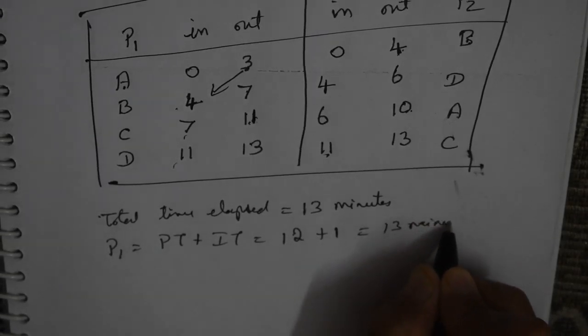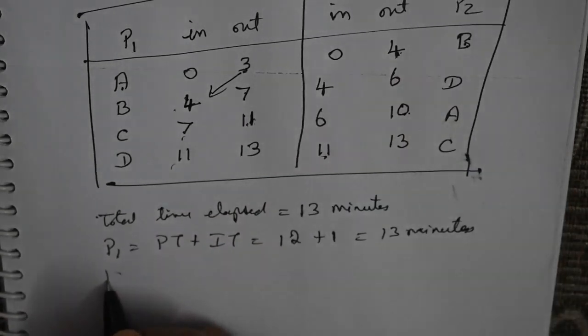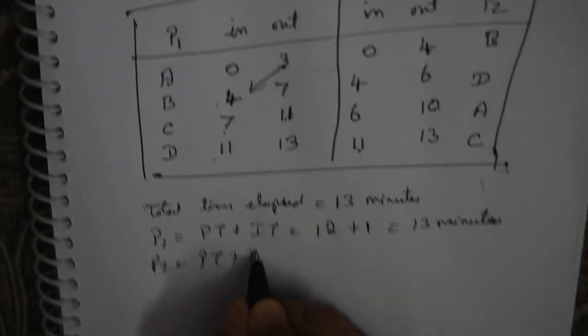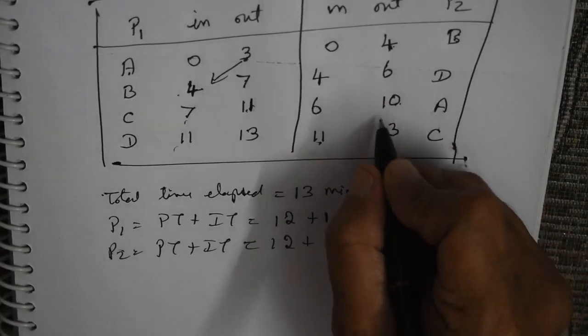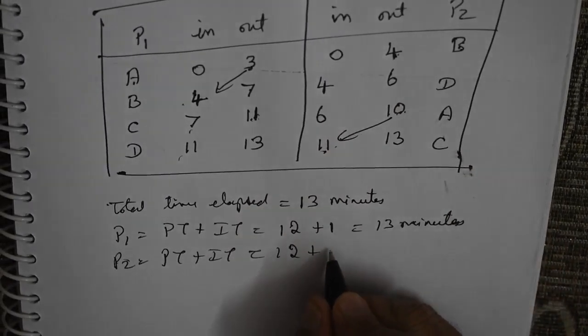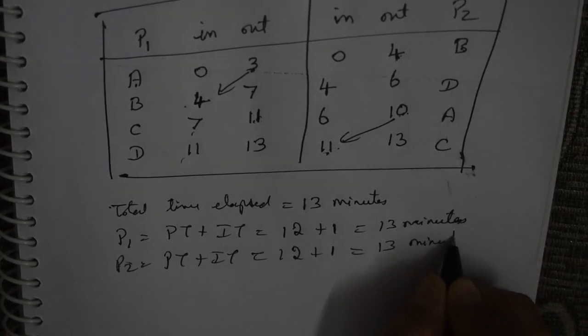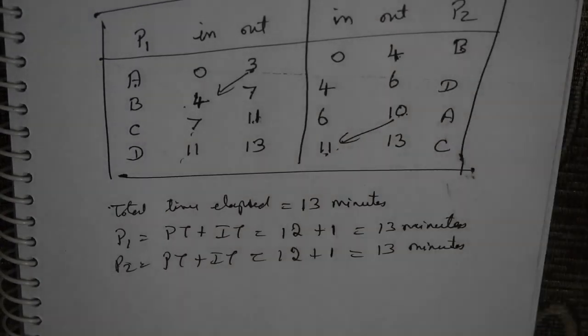And similarly P2, the processing time is again 12 plus idle time, from 10 to 11, 1 minute was idle there, so 13 minutes. So both the jobs can be completed at the 13th minute. That's it.